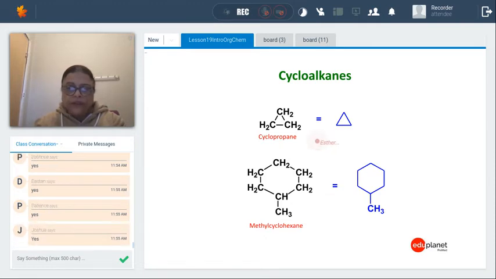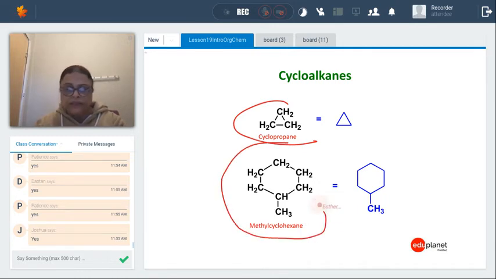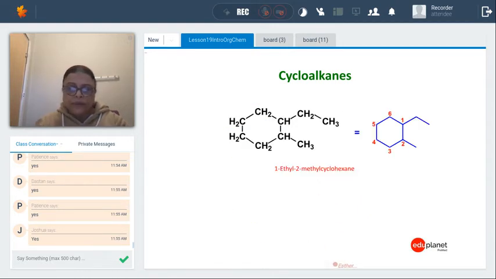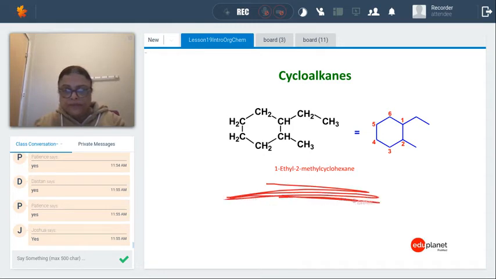So cycloalkanes, we have cyclopropane, and here we have methyl cyclohexane. And this is another good example. Here we have a ring, and the ring has 2 branchings. Okay, so who is getting number 1 and who is getting number 2?